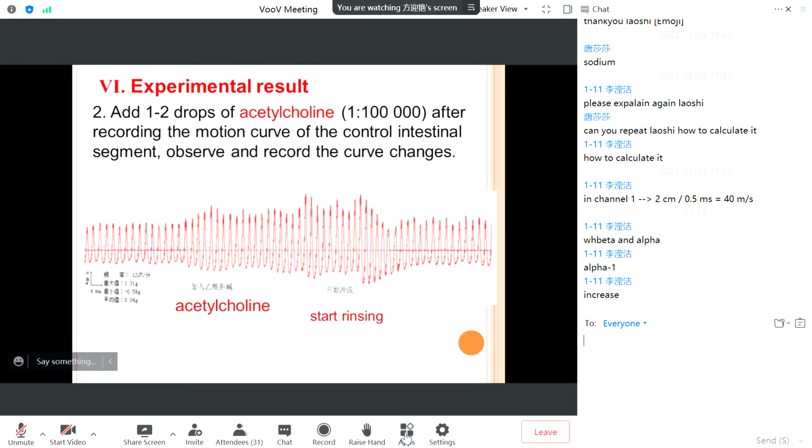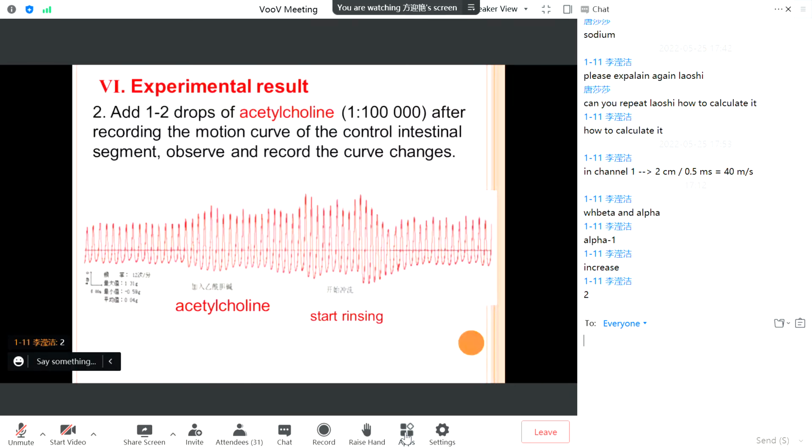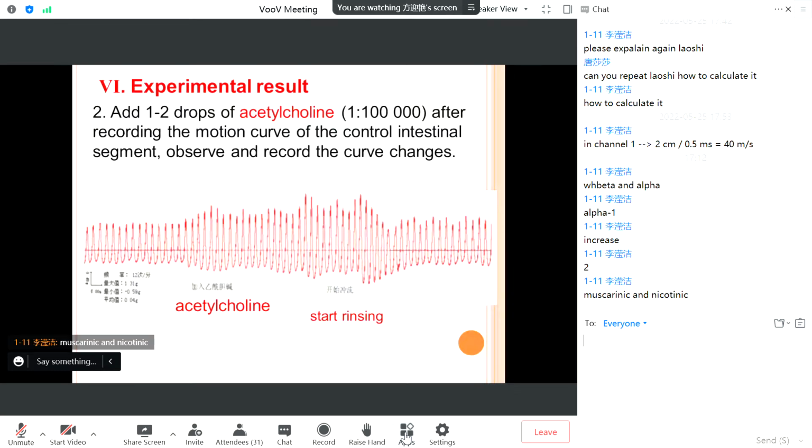How many types of cholinergic receptor are there? Two. Which ones? Yes, very good. Two types: M receptor and N receptor. Yes, thank you, Li Yingjie.